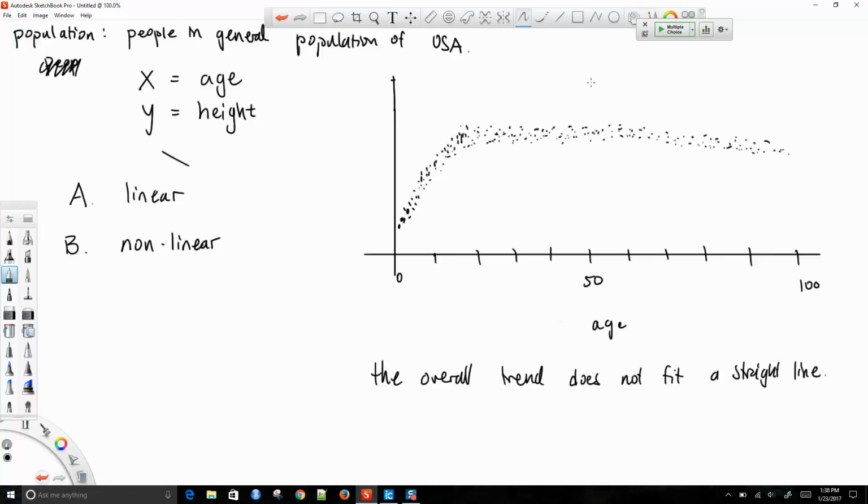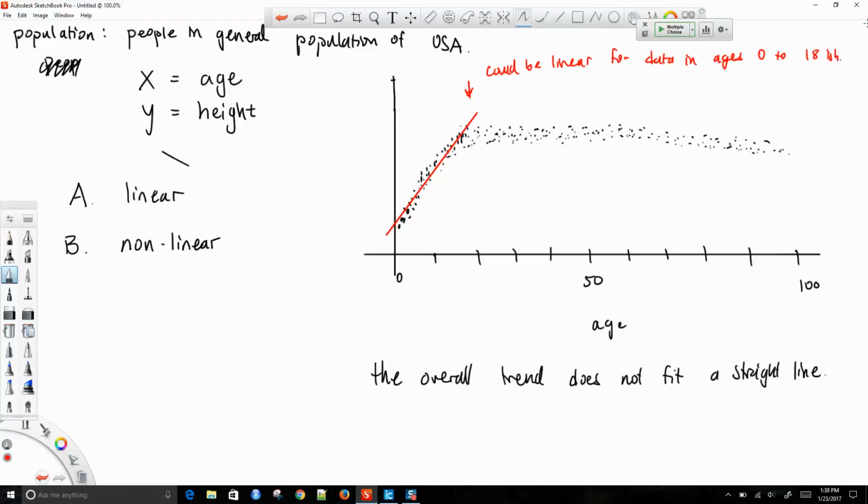So there's probably a couple areas. If we looked only at people 0 to 18, we might see a fairly linear trend. So there could be linear for data in ages 0 to 18ish.